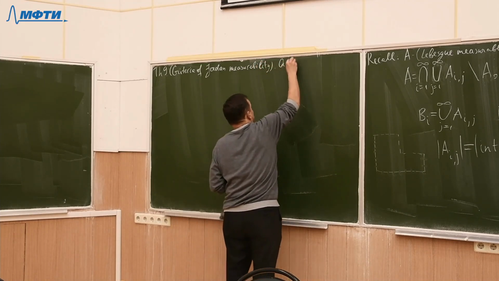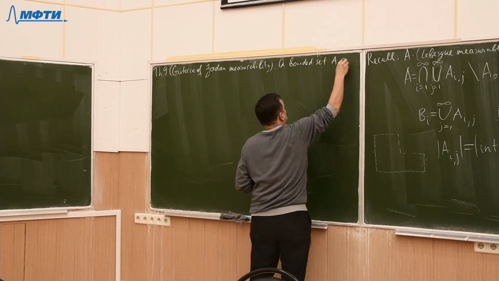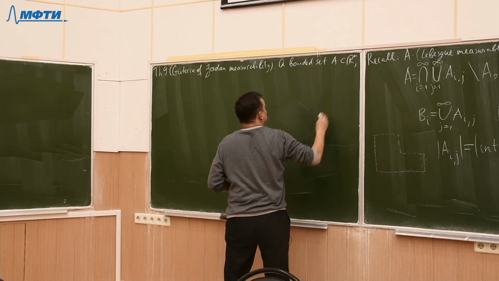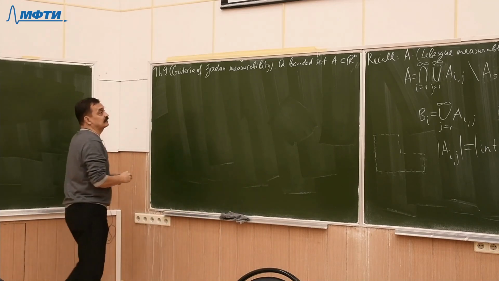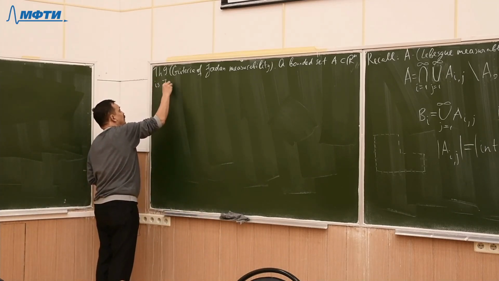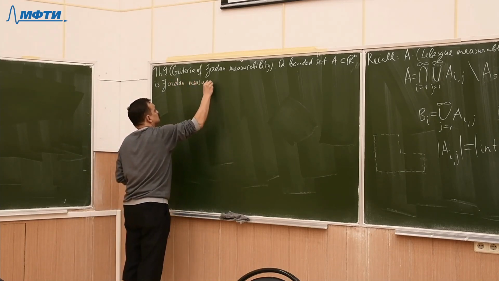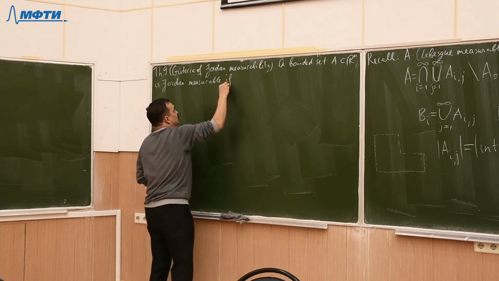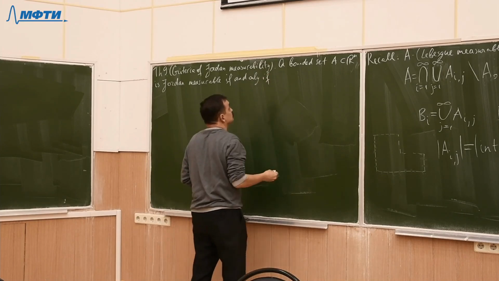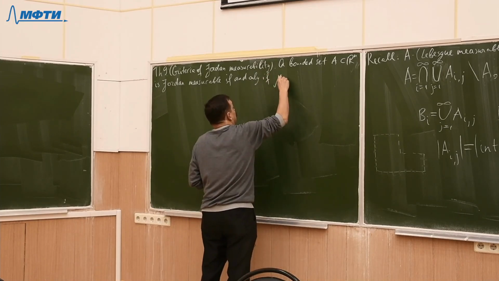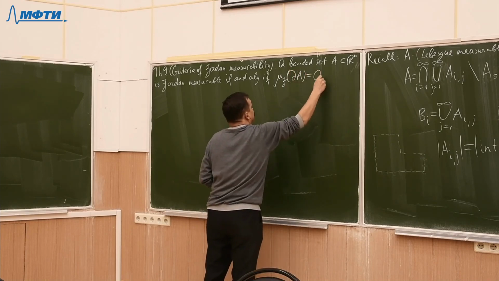Once again let me recall that we consider subsets of R^n. A bounded set A is Jordan measurable if and only if the Jordan measure of the boundary equals 0.